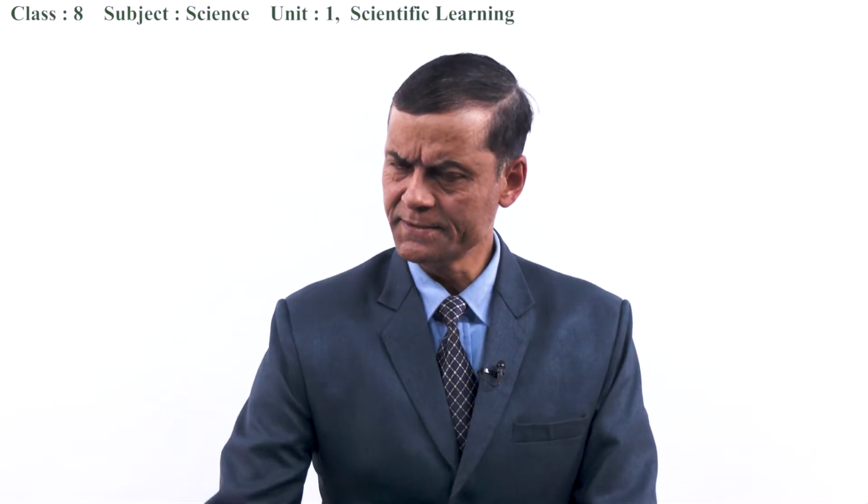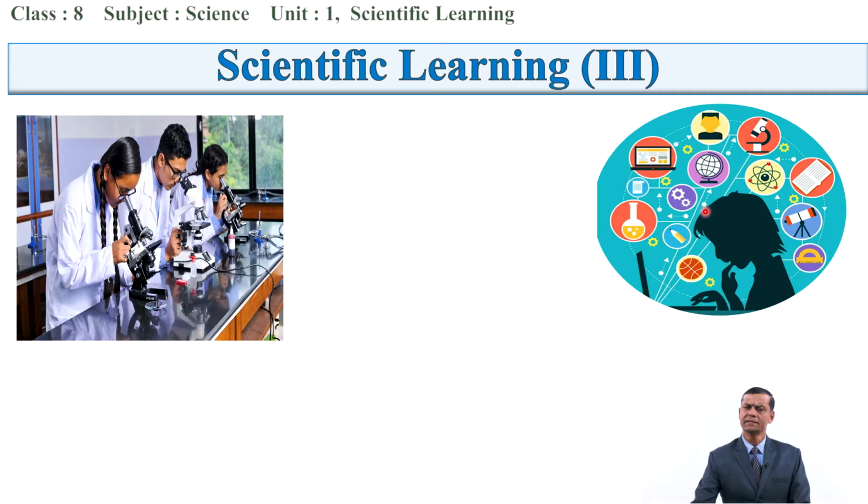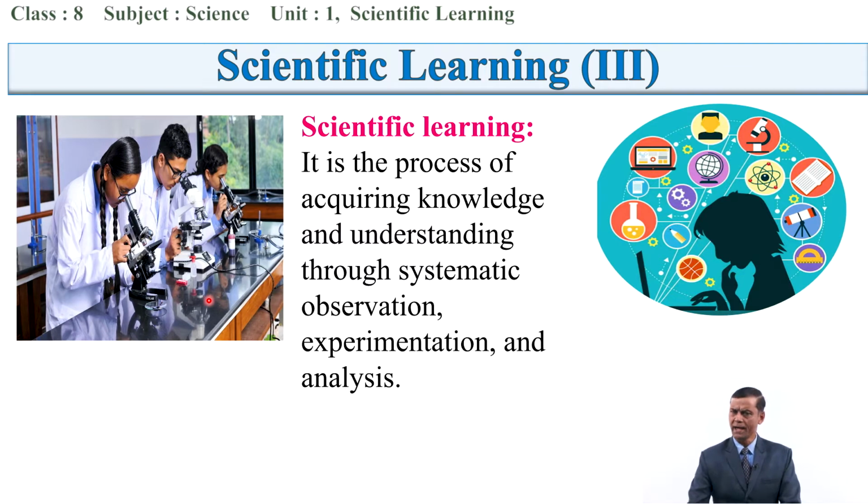Let's proceed. Scientific learning. This picture demonstrates the scientific learning process. Look at it. There is investigation, observation, research work, survey work, isn't it? We have to adapt and follow different methods while learning scientifically. Scientific learning is the process of acquiring knowledge, construction of knowledge, and understanding through systematic observation, experimentation, and analysis.